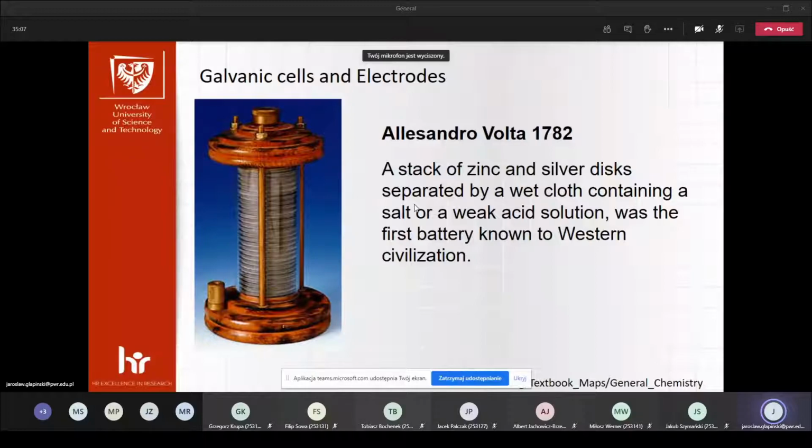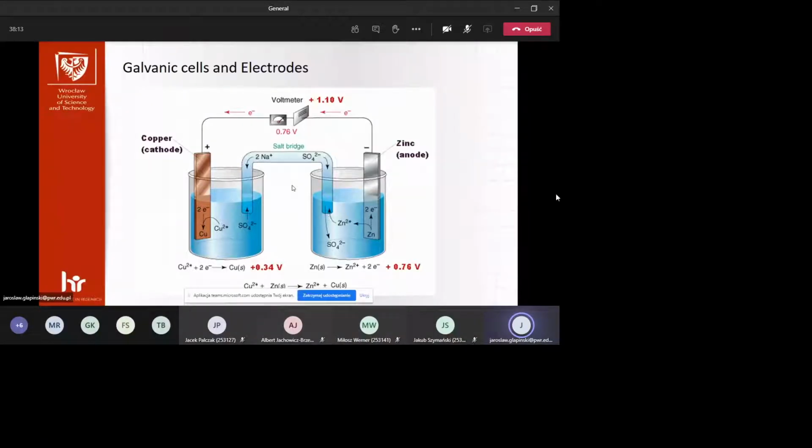it will be later. Okay, so how the galvanic cells work and what kind of electrode we should use to achieve different voltages, the different storage of voltages in our battery or in our accumulator.